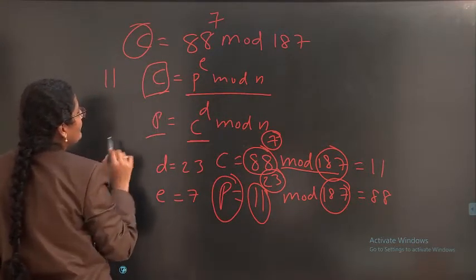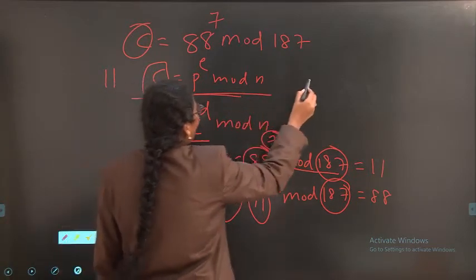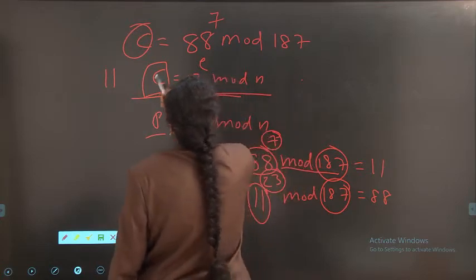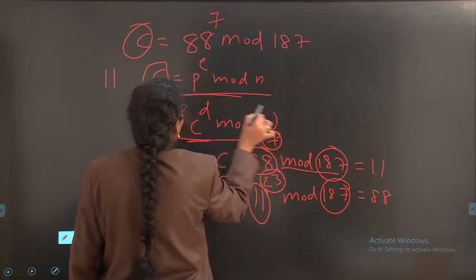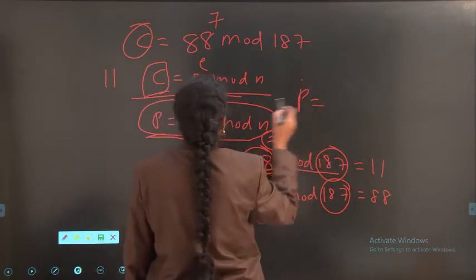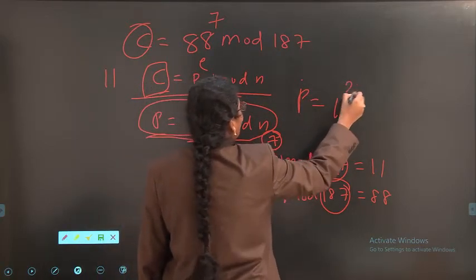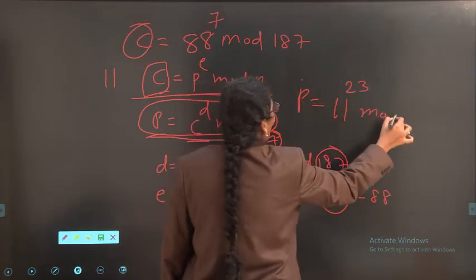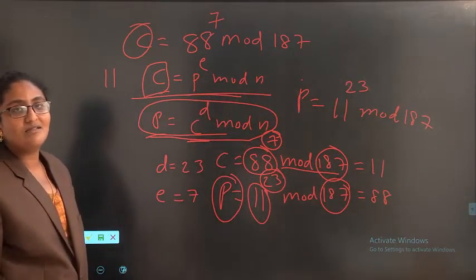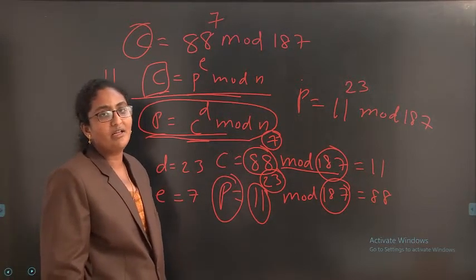So when C value is 11, how will this formula be? Plain text equal to C value 11, D value 23, mod 187. So this is the example for the RSA algorithm, and this is solved using the extended Euclidean algorithm.